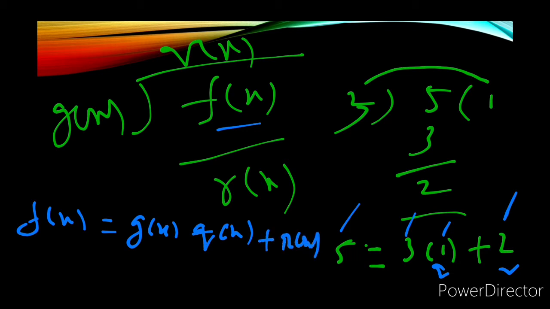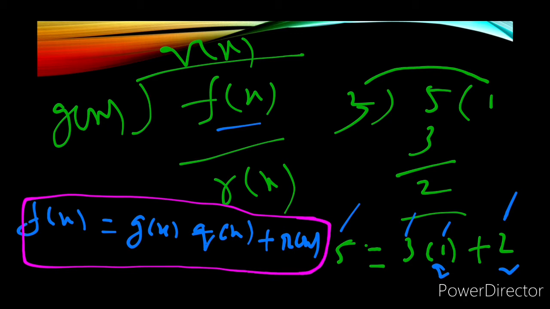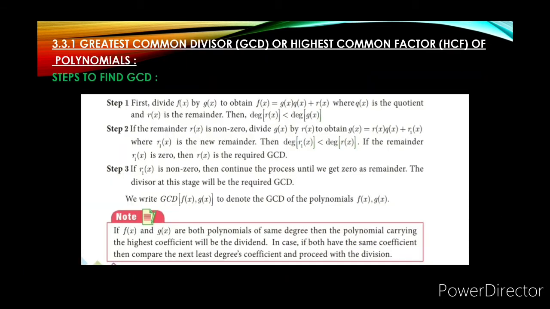So we obtained f of x is equal to g of x into q of x plus r of x. So come to the step. That is why it is given, if you divide f of x by g of x to obtain f of x is equal to g of x into q of x plus r of x, where q of x is quotient and r of x is remainder.